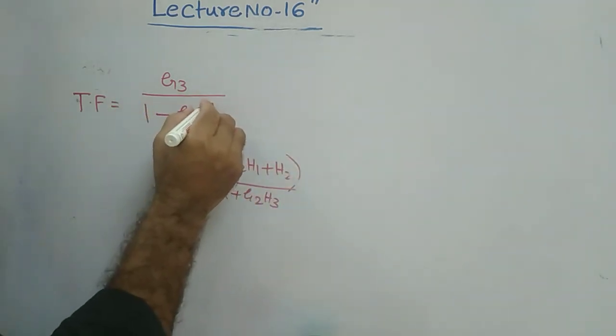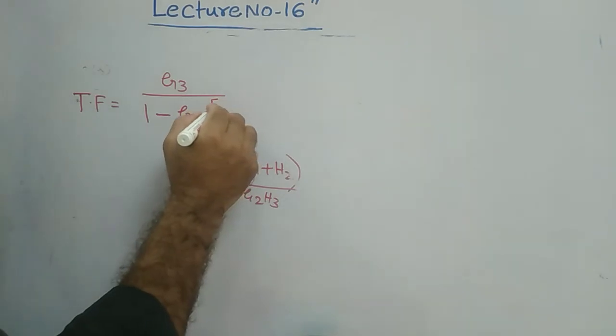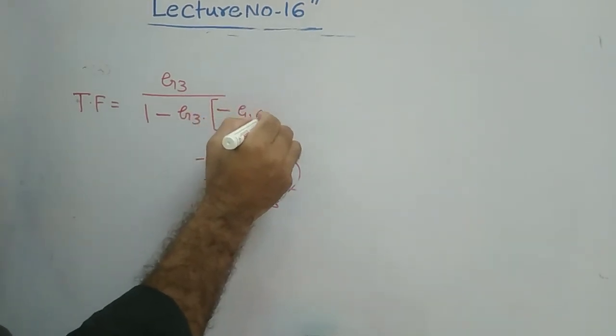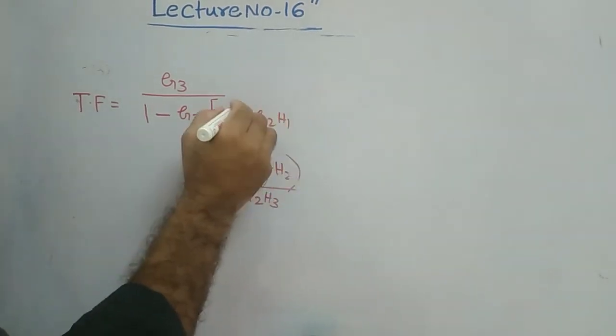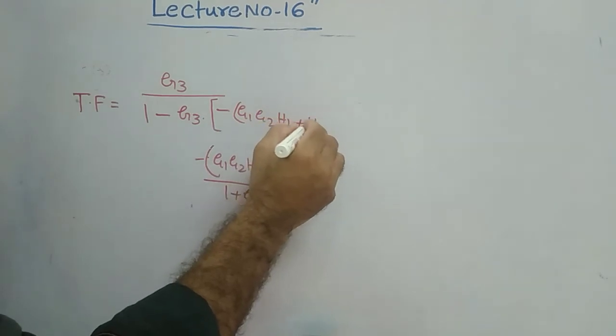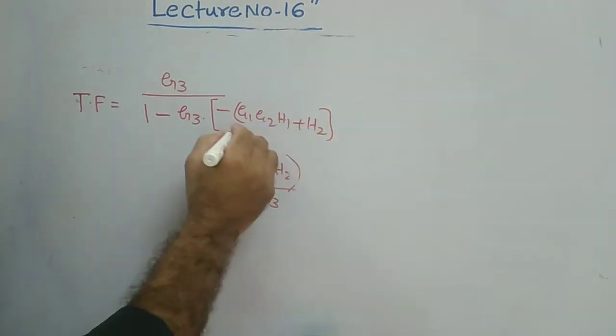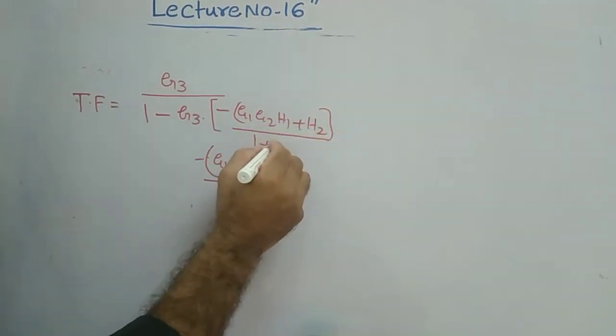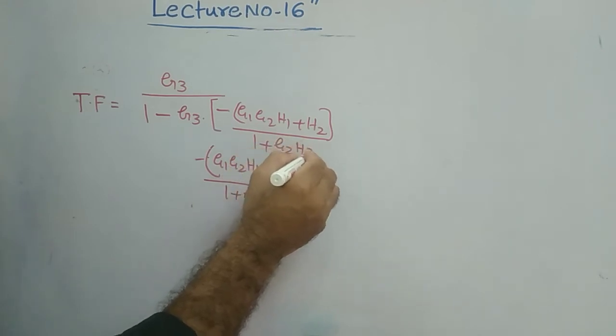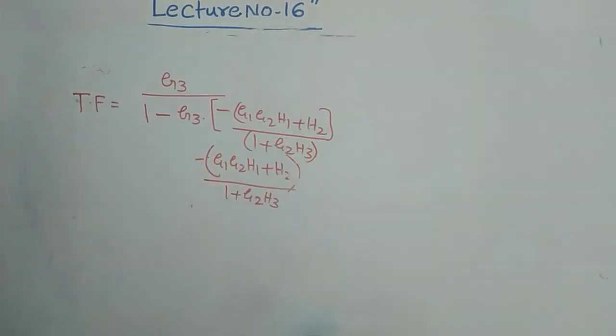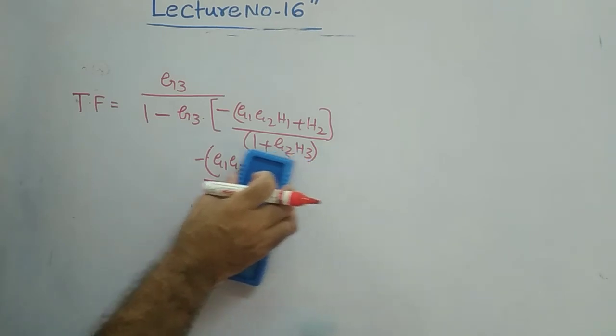Therefore, G3 into minus G1, G2, H1 plus H2 by 1 plus G2 H3. Same. This product only I am writing there. This is what your feedback factor.